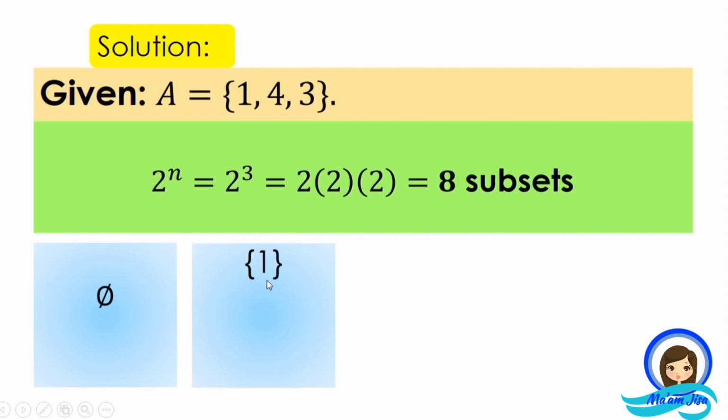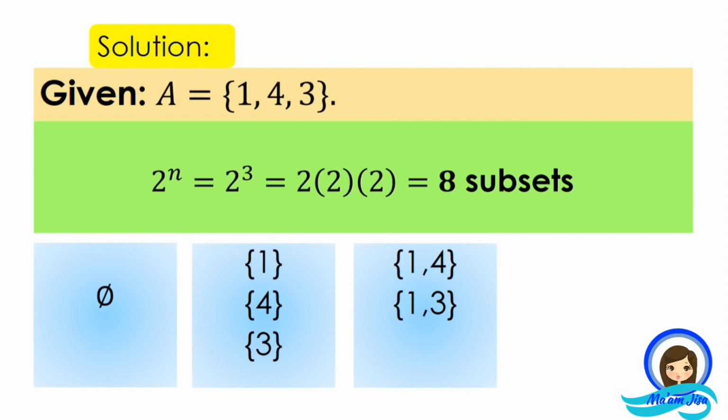So we have the subset containing 1, the subset containing 4, and the subset containing 3. Now let's proceed to the subsets containing 2 elements. Okay, we have 1, 4. What's next? That's right, it's 1, 3, and we have 4, 3.